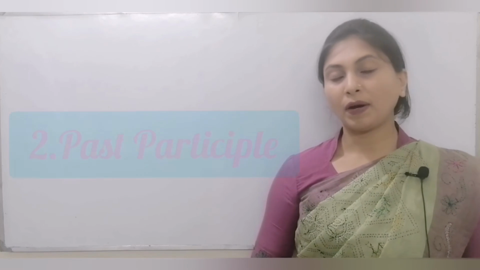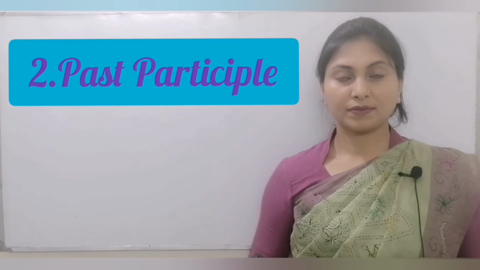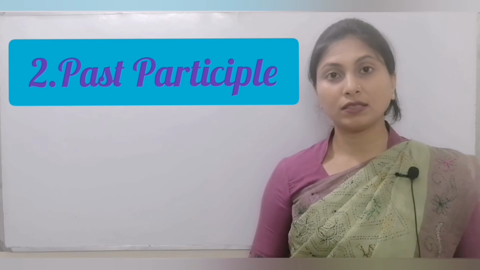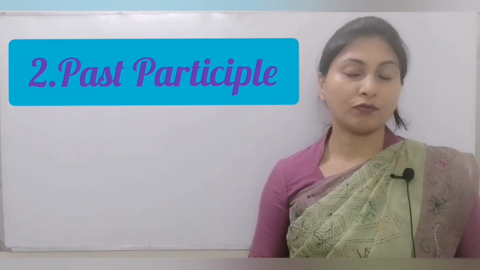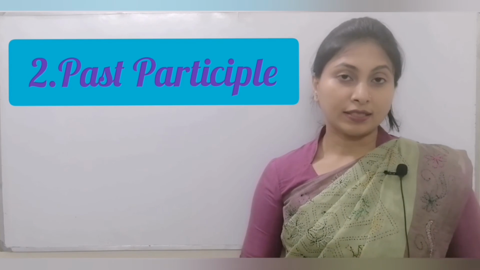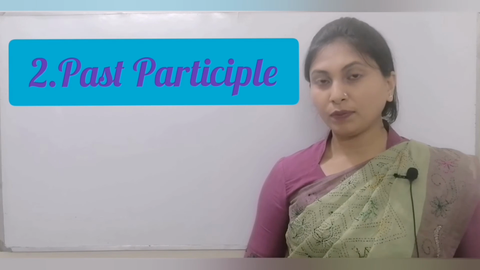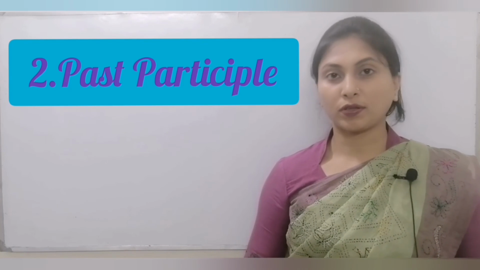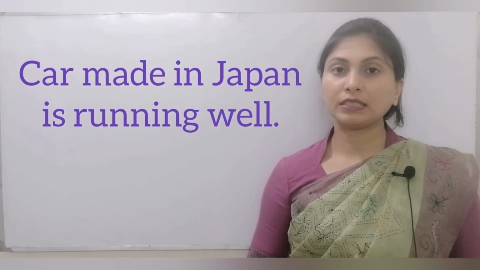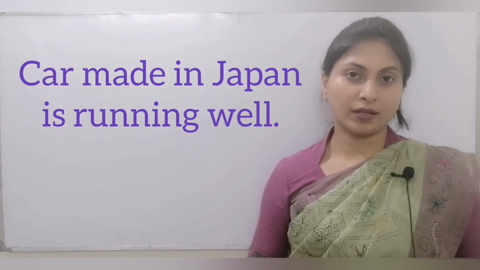Number 2, past participle. When we add d, ed, n, t or ne to the verb and it works in the sentence as an adjective or as a verb, this is called a past participle. For example, car made in Japan is running well.